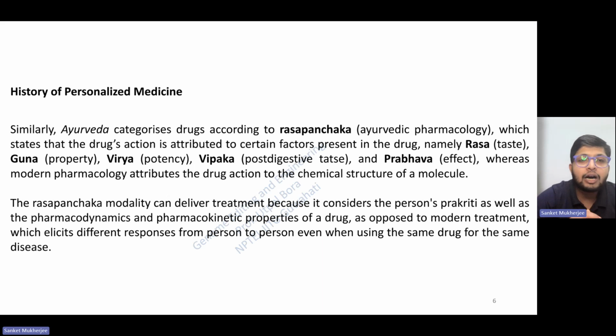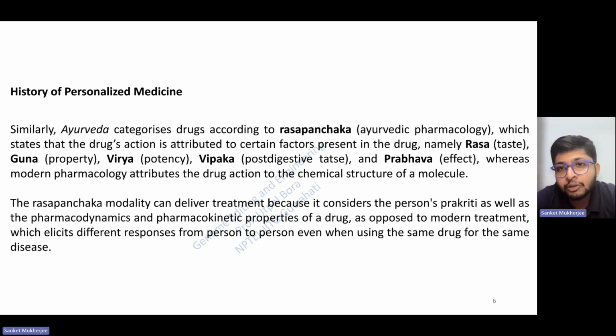So let's see about Ayurveda. Continuing the history of personalized medicine, Ayurveda categorizes drugs according to the Ras Panchaka or Ayurvedic pharmacology, which states that the drug's action is attributed to certain factors present in the drug, namely the ras or the taste, guna or the property, virya or the potency, vipaka or the post-digestive taste, and the prabhav or the effect.